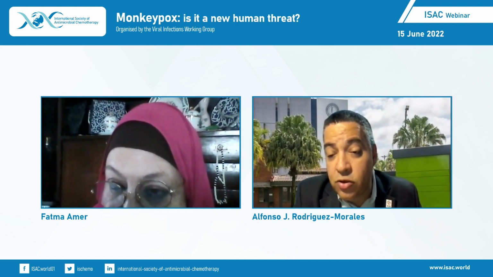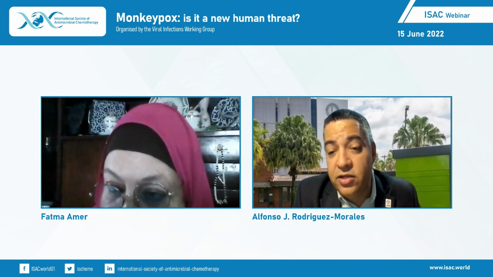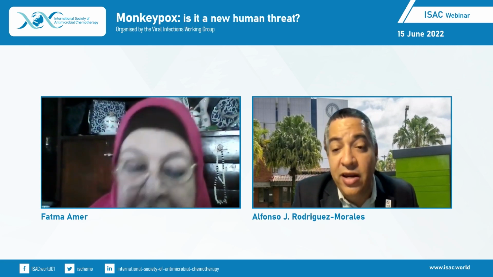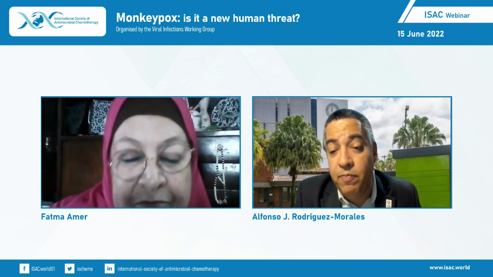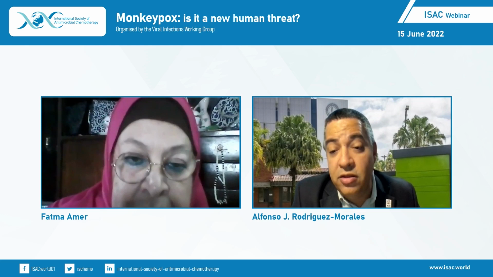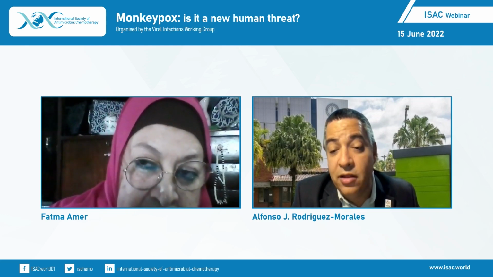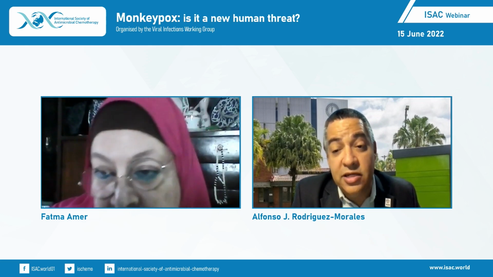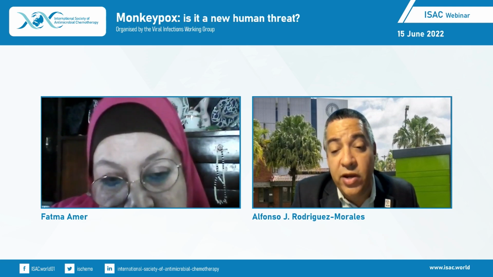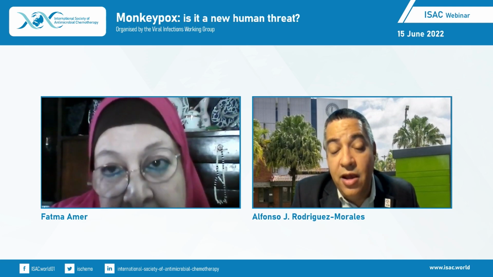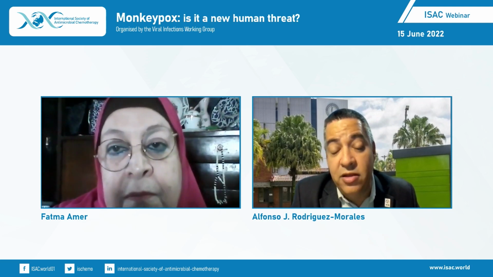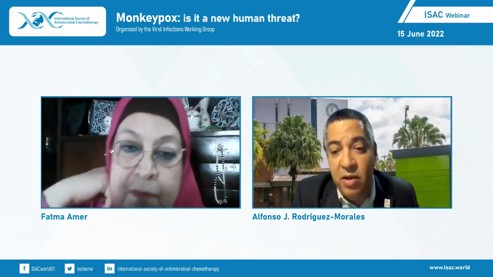Regarding this question, I think it's early to answer that, and certainly it's important to understand right now the difference between not only the clinical phenotype, but the tropism of the Congo and the West African clades. From animal studies, and we have been looking at that in a certain way, this is a multisystemic virus.